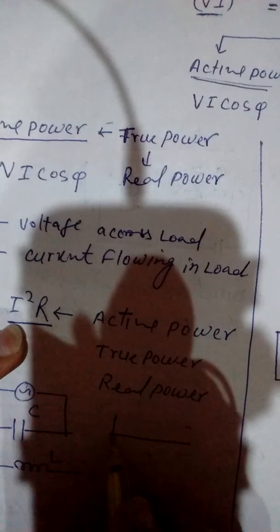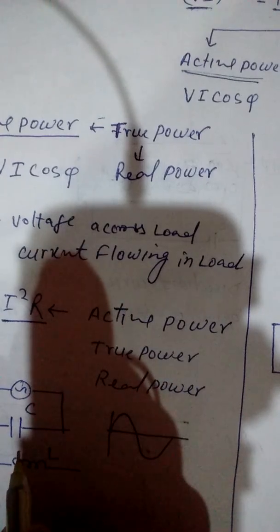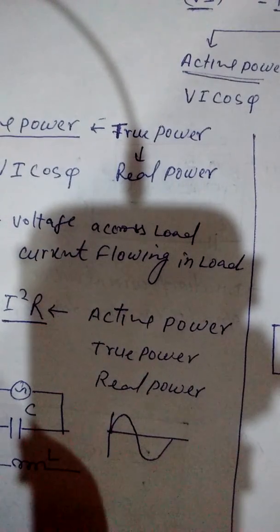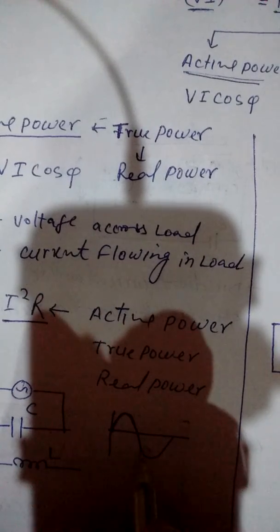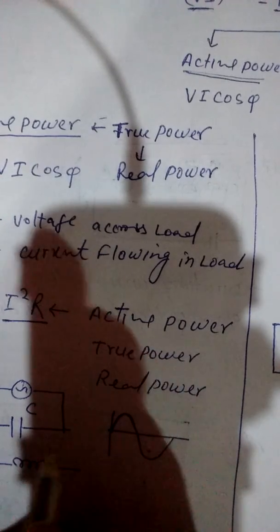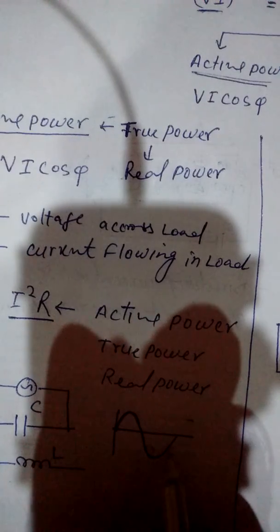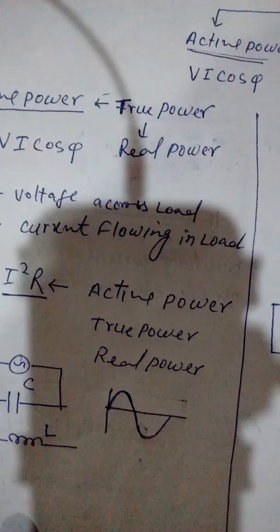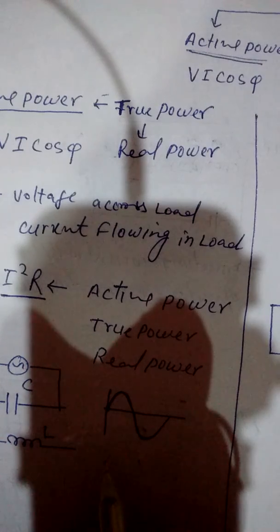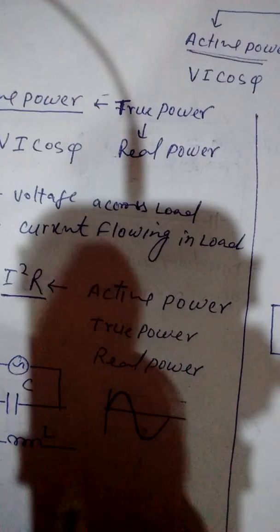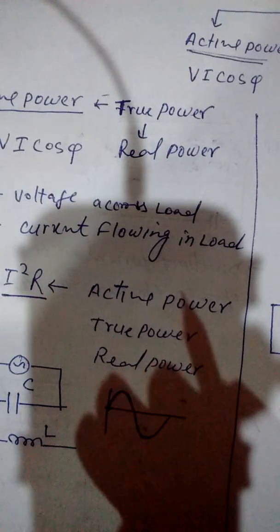Then the behavior of the capacitor is that it will be charged in the first half cycle in one direction, and it will be charged in the second half cycle in the other direction. It will be charged in one half cycle and discharged in the second half cycle. Similarly, an inductor is also charged in one half cycle and discharged in the second half cycle.